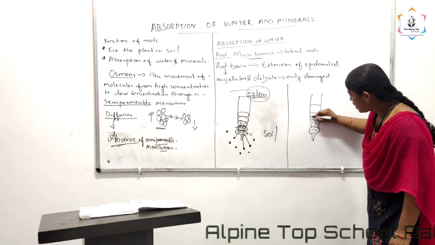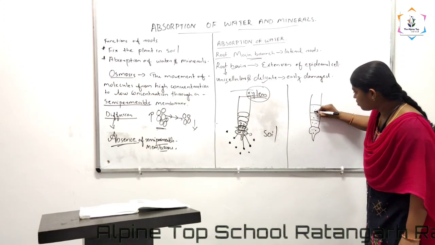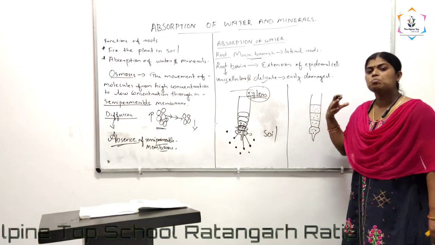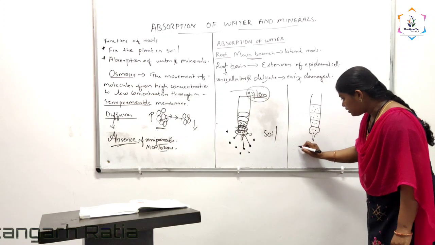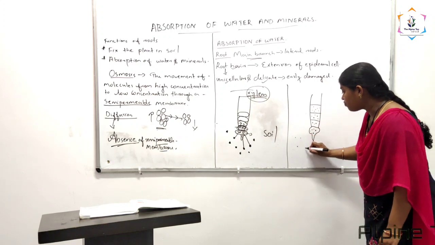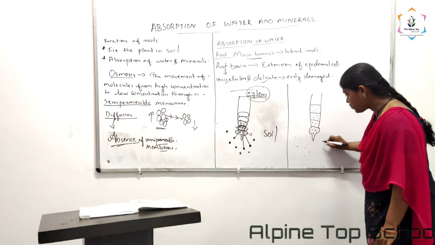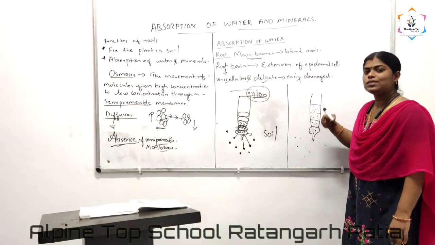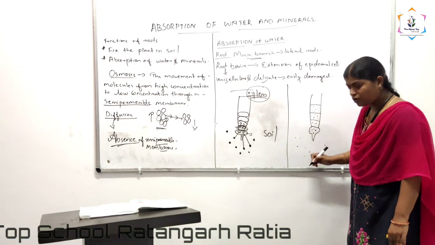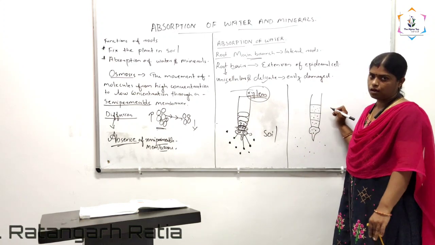Okay, so not only root hair, but root cells have much more minerals inside when compared to soil. So the low concentration of minerals will usually be in soil. Soil does not have that many mineral molecules when compared to the root.